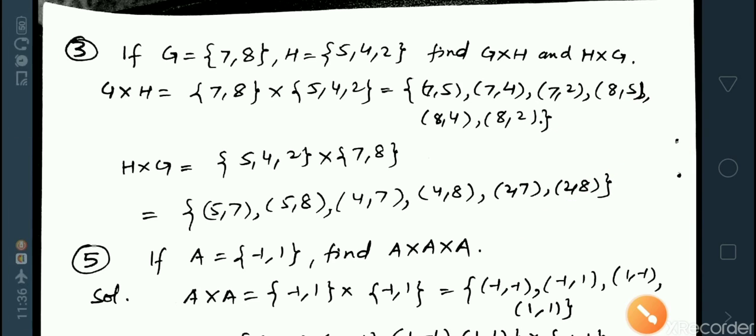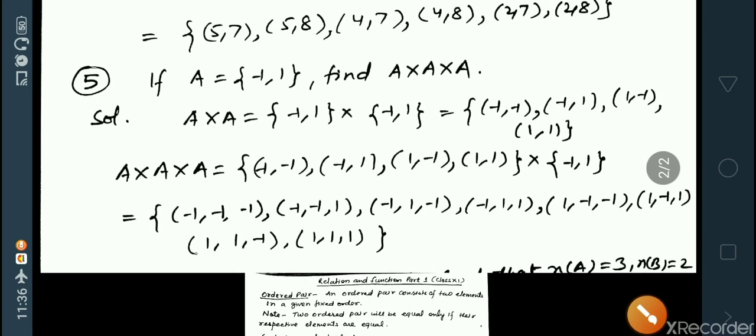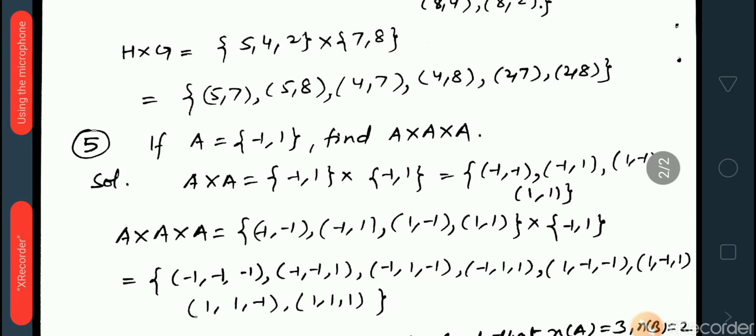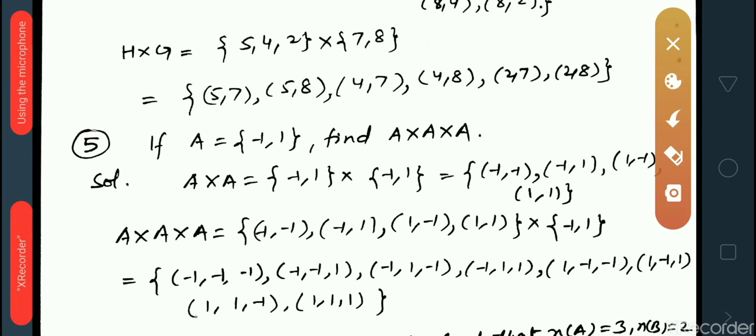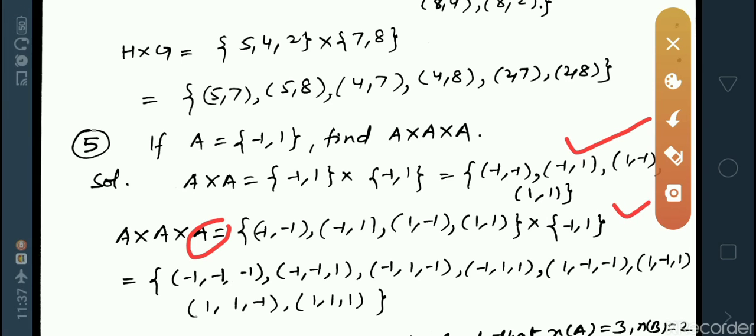Now move to question number 5. A is equal to {-1, 1}, then find A cross A cross A. So first find A cross A, and this is A cross A. Now take this Cartesian product of A cross A to A. So we wrote this.